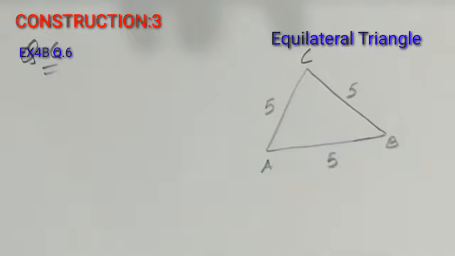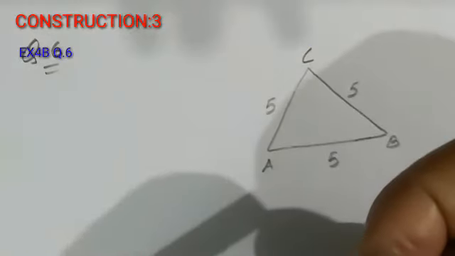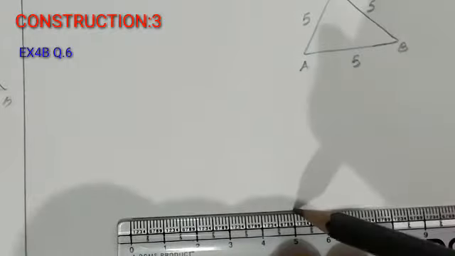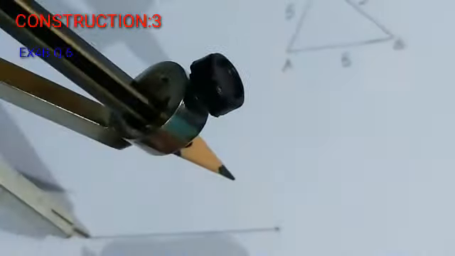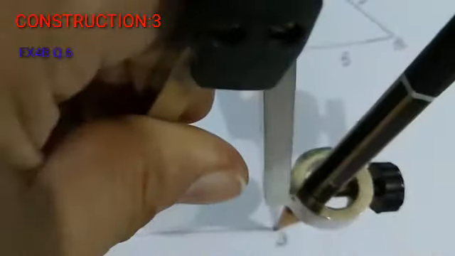First, draw a line segment AB of 5 centimeter. Take this length of 5 centimeter from here itself. Then A as center, draw an arc at 5 centimeter.